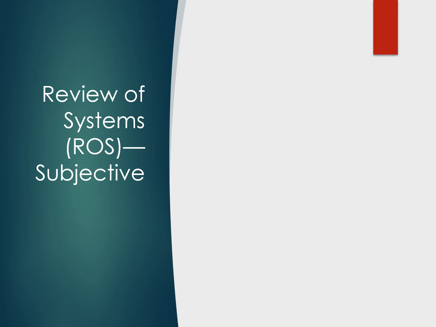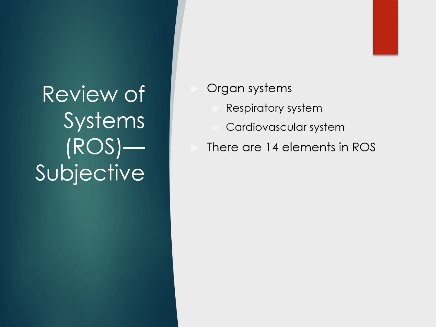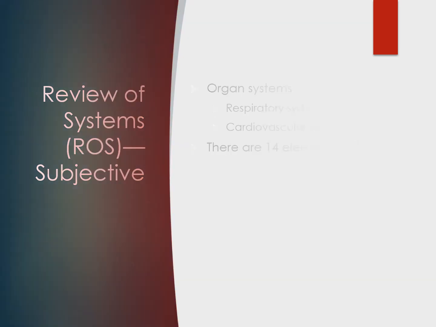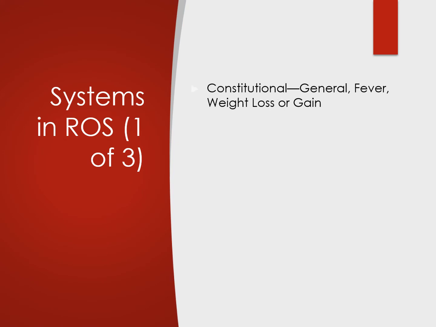Next, let's talk about the review of systems. The organ systems are respiratory, cardiovascular. There's 14 elements in the review of systems. So we have a lot of body systems, like integumentary, musculoskeletal, neurological, etc. Constitutional, and this is usually done by the MA or the nurse.